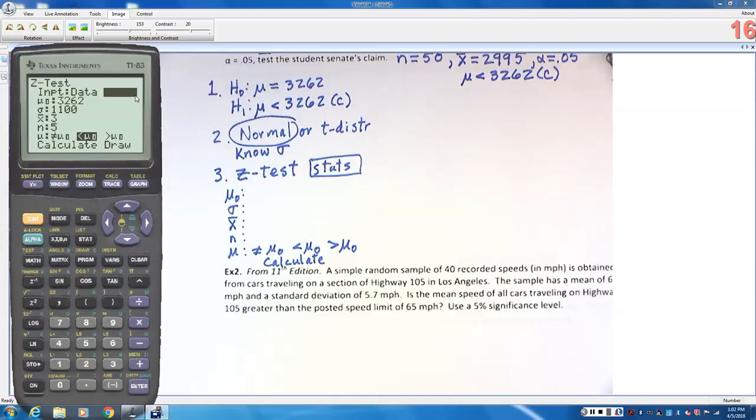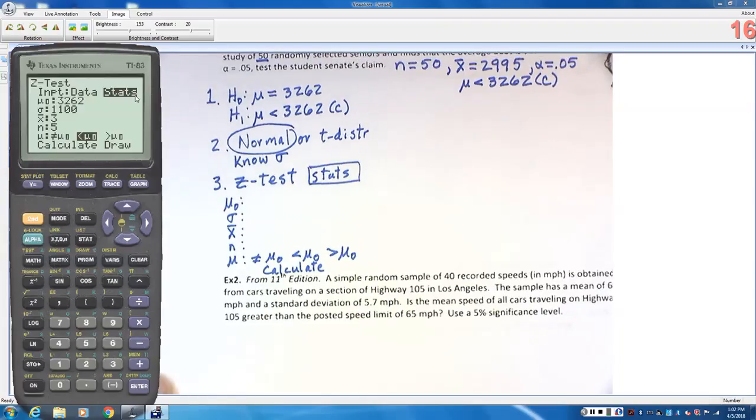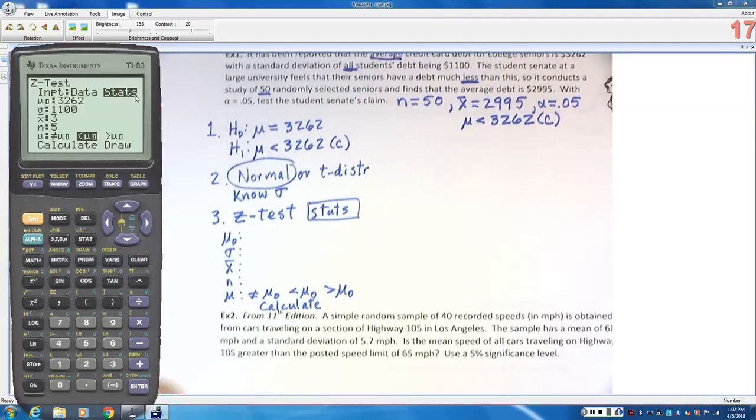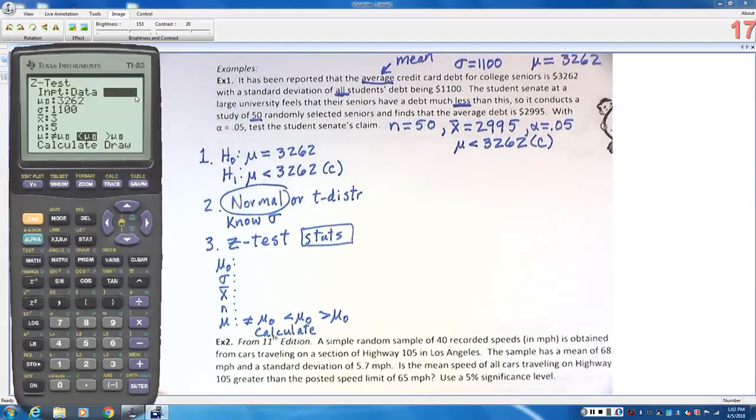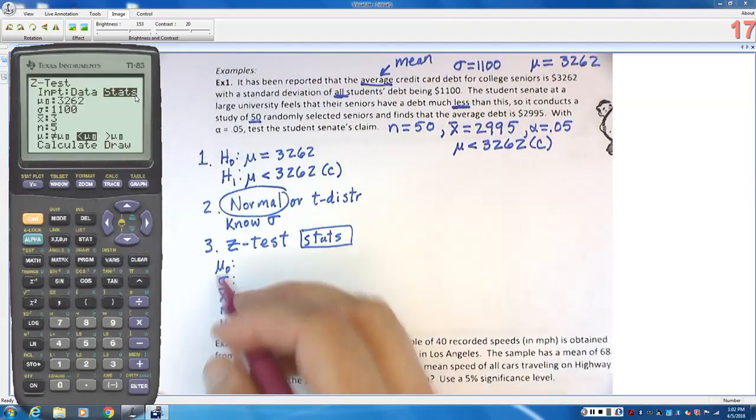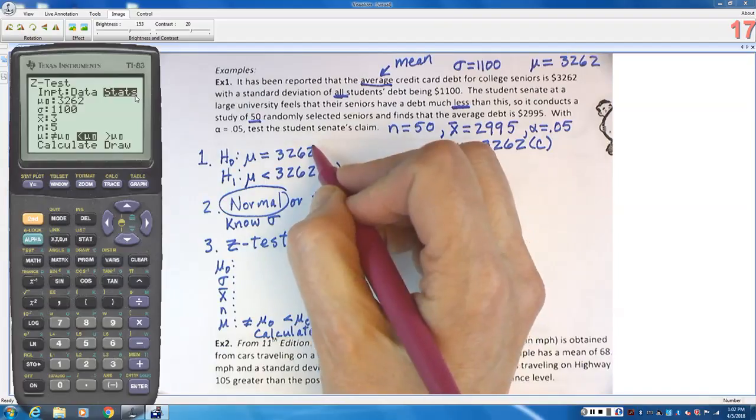Okay. So see all the symbols. It's important that you know which symbols, you should have your symbols memorized so that you don't have trouble picking all these out. Mu 0 is this constant here.